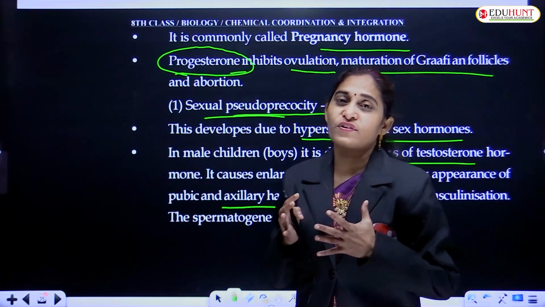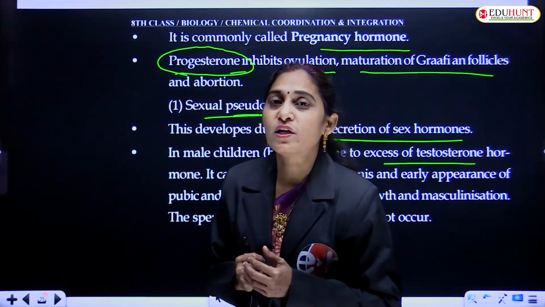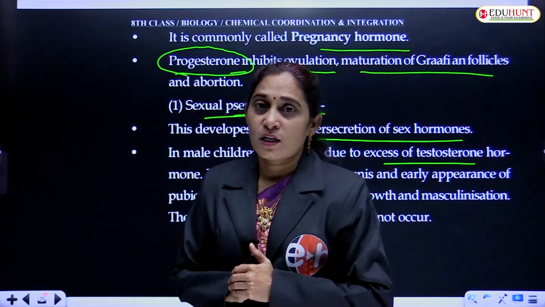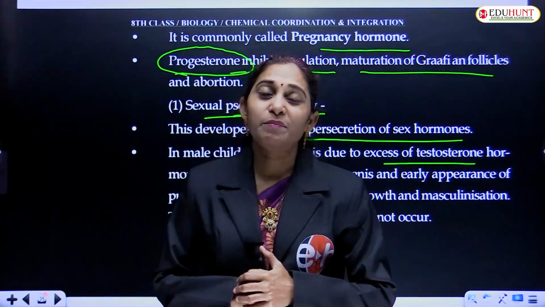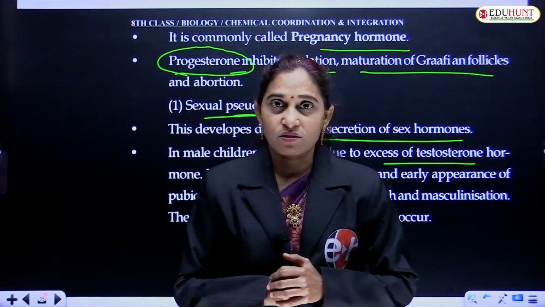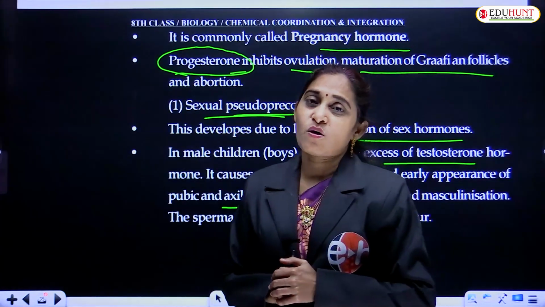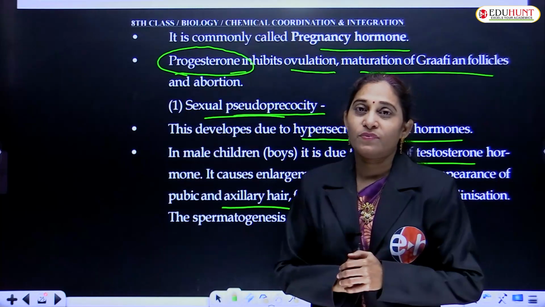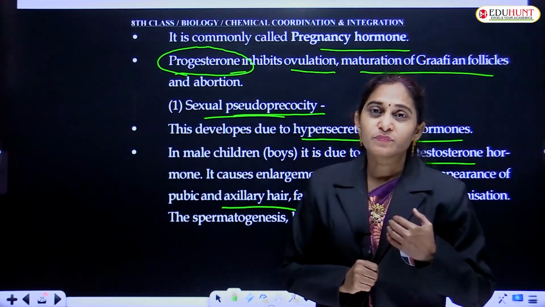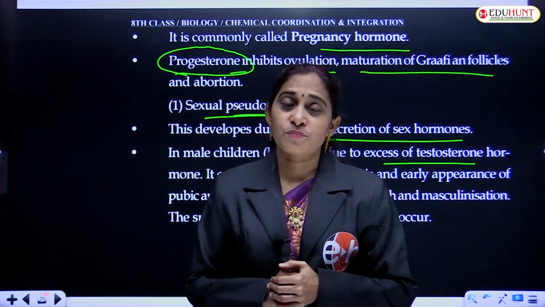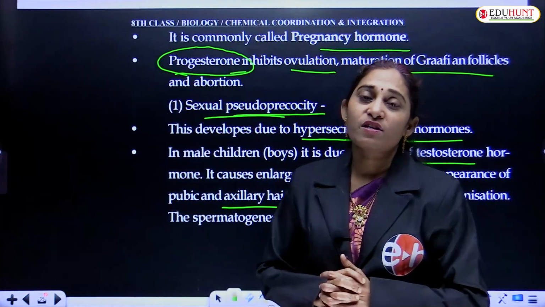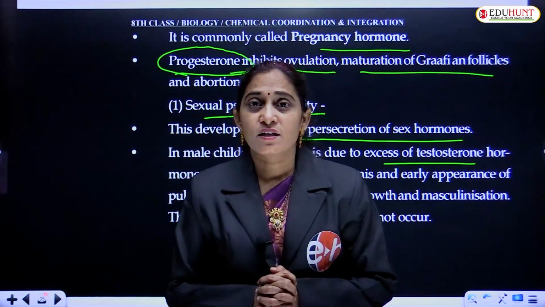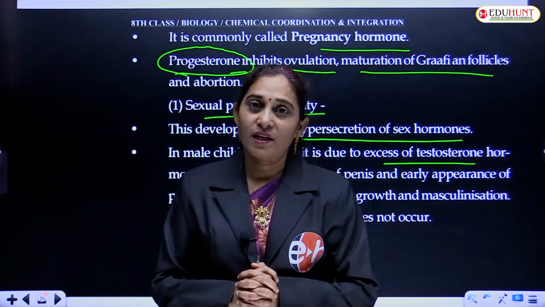stops the maturation of Graafian follicle, and the ovulation process is stopped by the progesterone hormone. It inhibits the ovulation process because it is responsible for sustenance and maintenance of embryo and pregnancy, and also it is responsible for the induction of mammary glands for the secretion of milk.